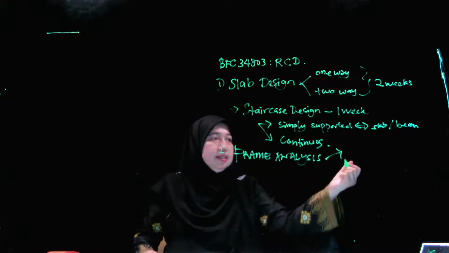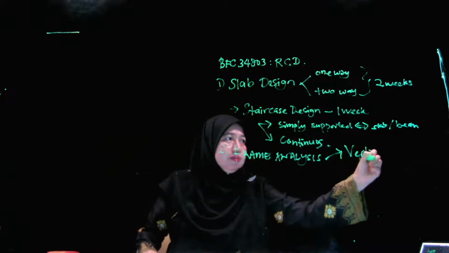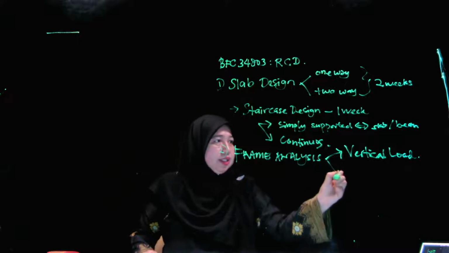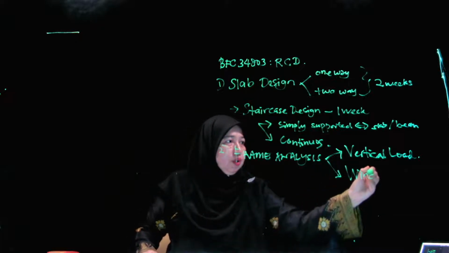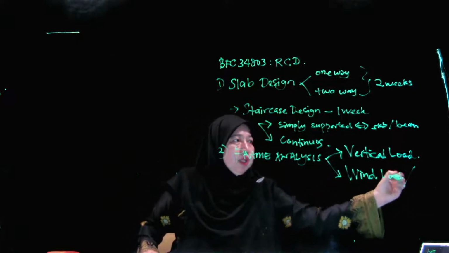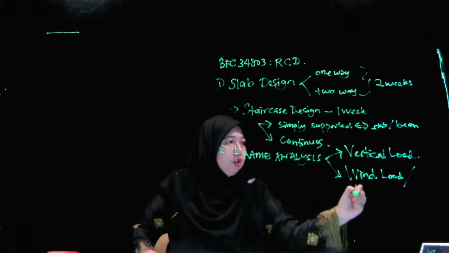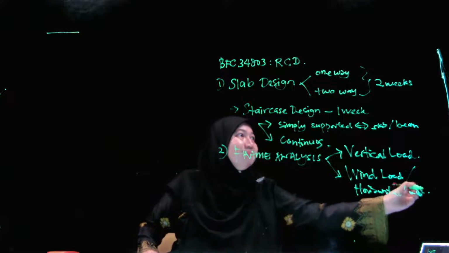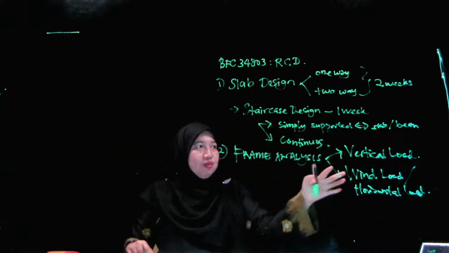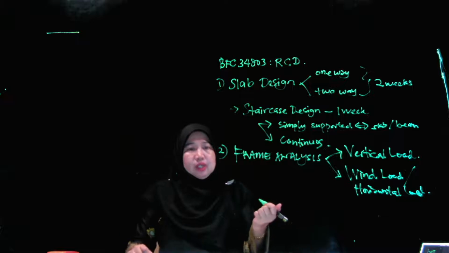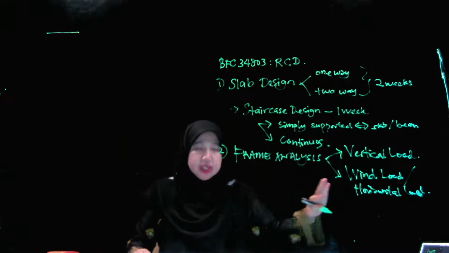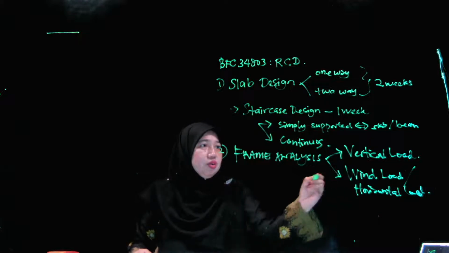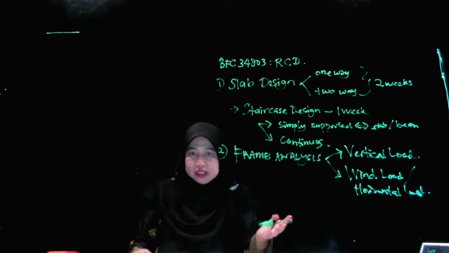The first one is vertical load, and the second one is wind load, or you can say horizontal load. For both loads, I will teach you completely the wind load and vertical load. So how do you want to clarify vertical and wind load?